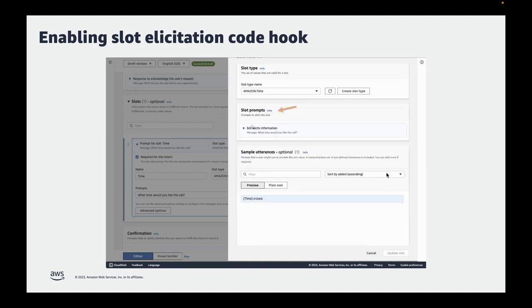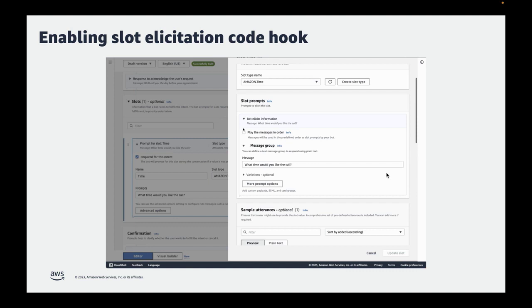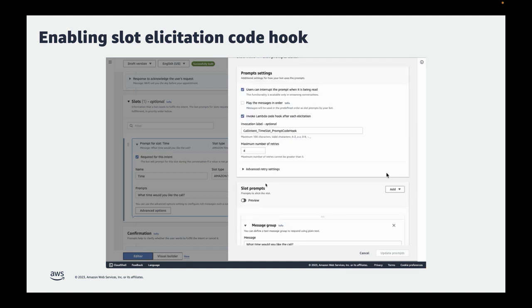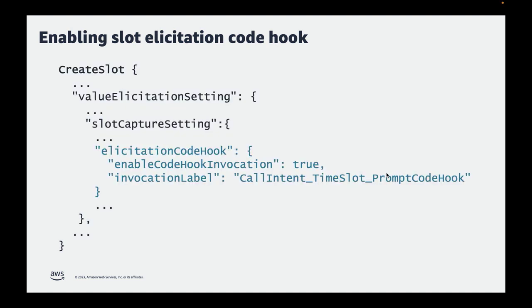That was going to happen after we'd collected the slot. But now we're going to put on the elicitation code hook, which is called each time the user is prompted, each time the slot is elicited. And again, we're going to remember our invocation label. This is in that same slot capture settings, but it's called an elicitation code hook.